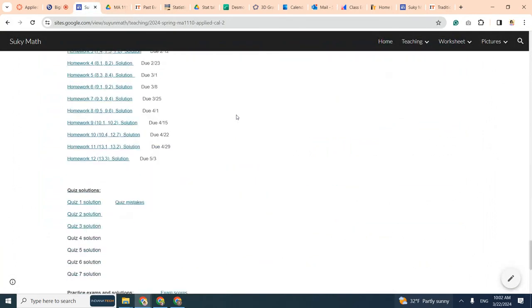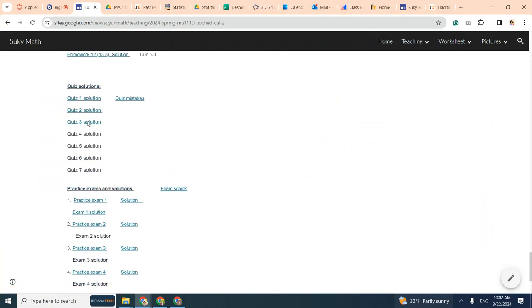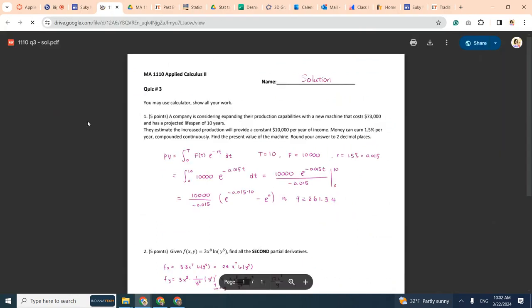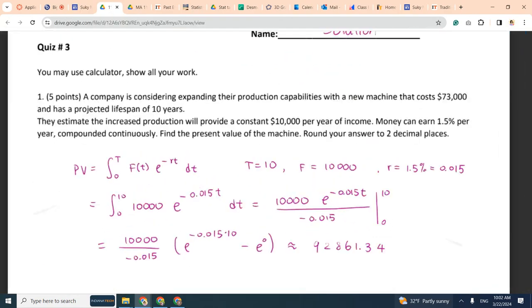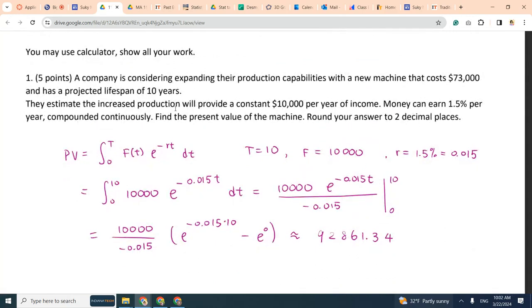So the quiz, I have already posted the quiz solution. So this is the quiz solution. A company is considering expanding their production capacity with a new machine that costs $73,000 and it has a project lifespan of 10 years.